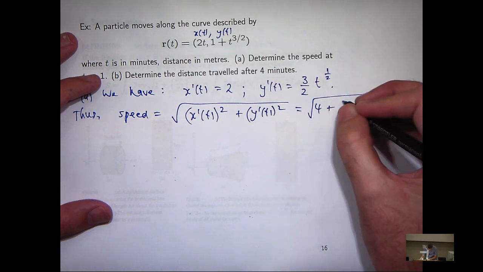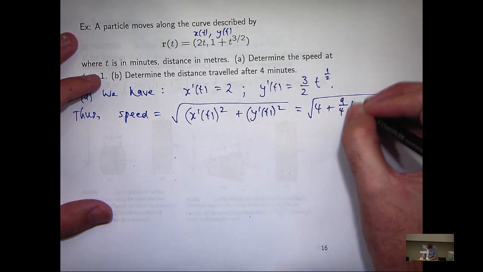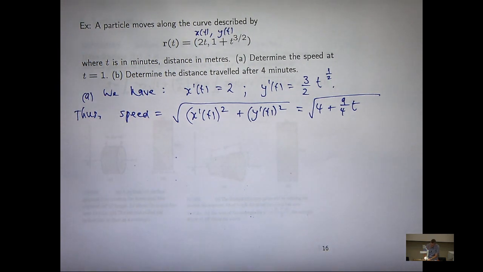So we're going to get something like this. That's the speed at any instant, any time. What we're really interested in is the speed at a particular point in time, at t equals 1 minute. So just sub in t equals 1.